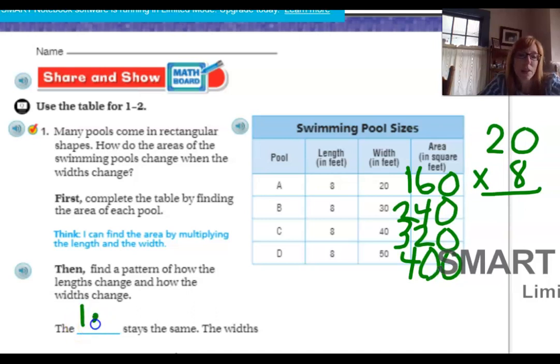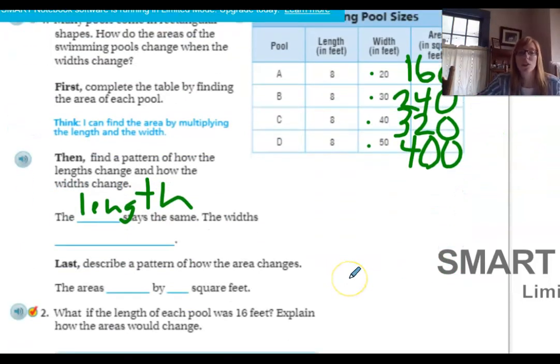The length stays the same, and if you go to the width, it goes from 20 to 30 to 40 to 50. So the widths are increasing by 10 feet.